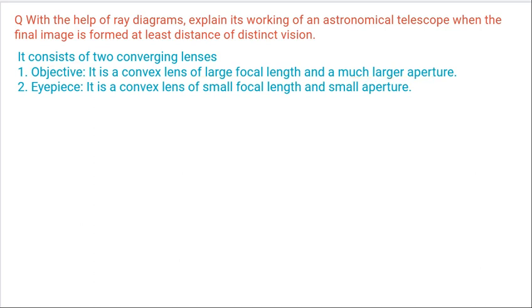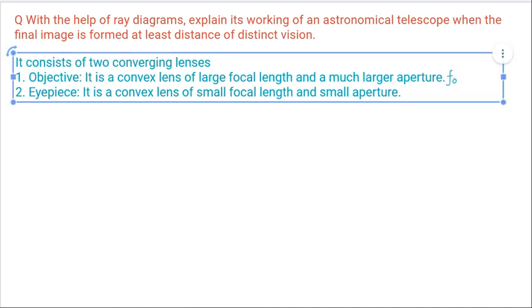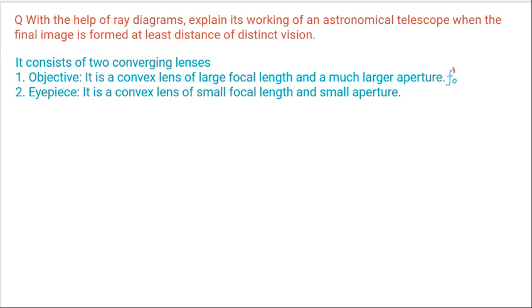That means the focal length of the objective is large, and by aperture I mean the thickness. Let us denote this as f suffix o. This f is the focal length and o stands for the objective.